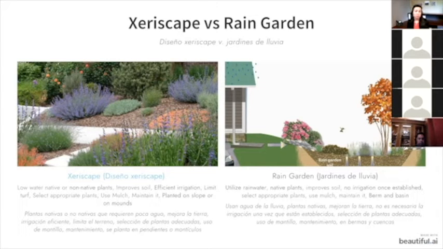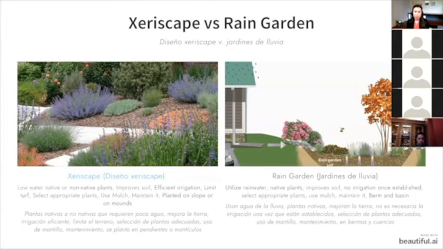Xeriscape is really focused on improving the soil, having efficient irrigation, limiting turf, having the appropriate plants for the appropriate space, mulching, and then it is at times planted on a slope or on mounds. So you can kind of see that from the left-hand picture. That's not always the case, of course, but that is the case in some spots. For some really great examples of Xeriscape, Northern Water's conservation gardens are a wonderful place to look.